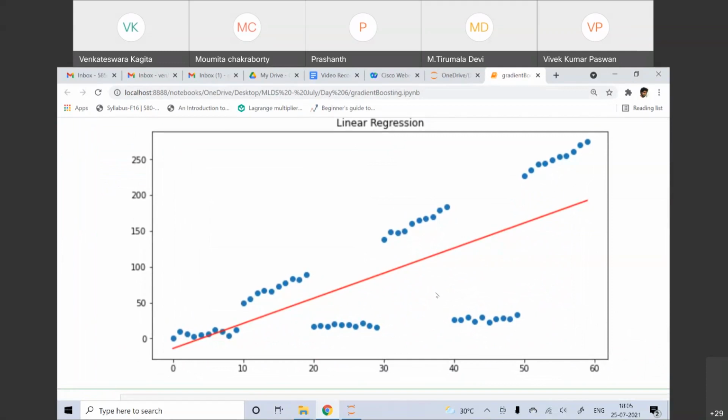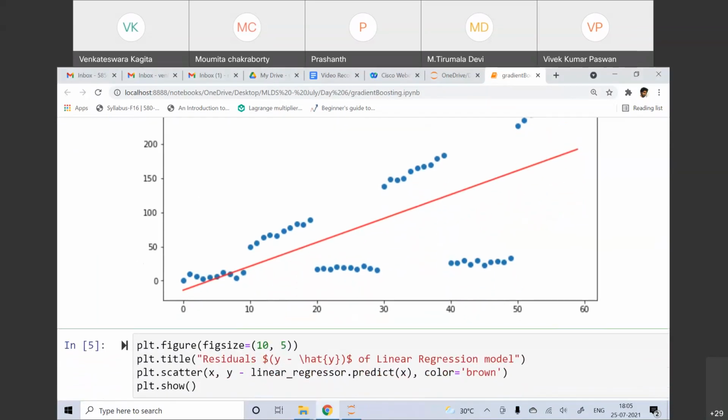So do you think it is fitting well to the data? Linear regression model, is it doing well? Do you think it is a good fit to the data? No, sir. Not at all, right? It's nowhere close to this.